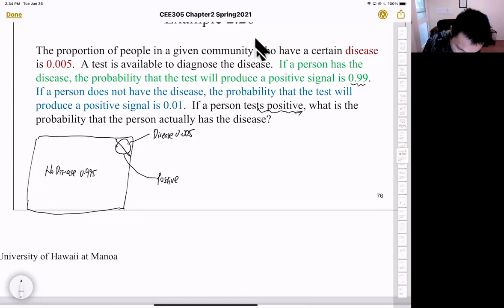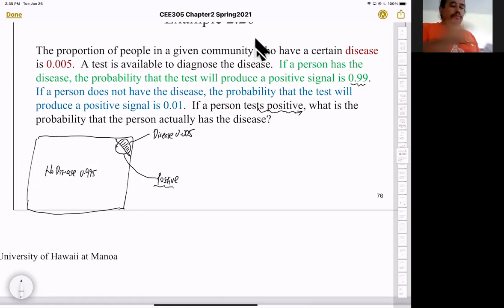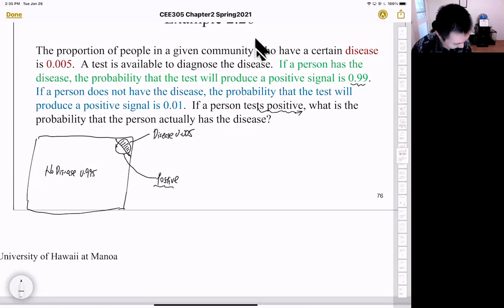So basically it means this shaded area, the probability the person has disease and tests positive, over the area of the whole circle, the circle of test positive. Based on that, we can figure it out.